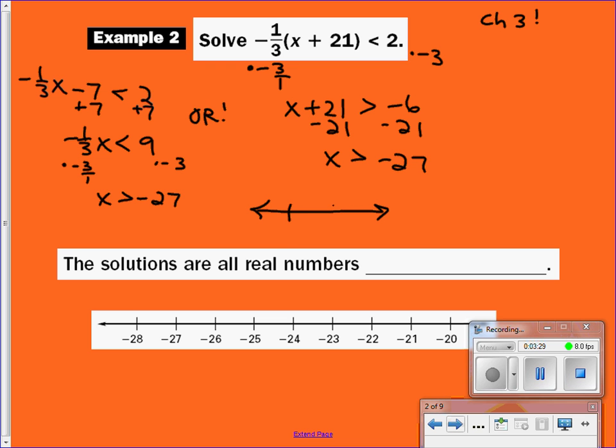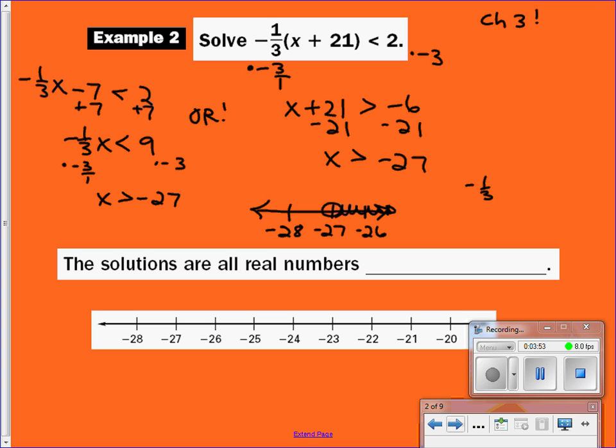Graph it on your number line. Negatives, so negative 26 would not be it. Negative 28, negative 27. Open circle and shading. I know that I'm going to have to take 1/3 times my number, so let's use like negative 24.